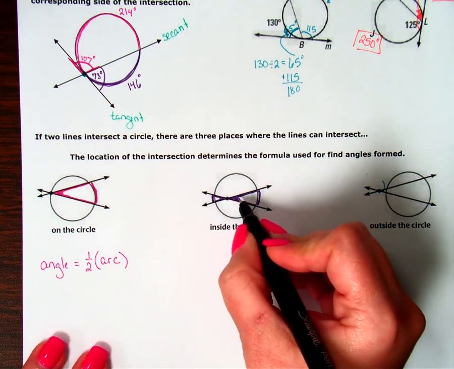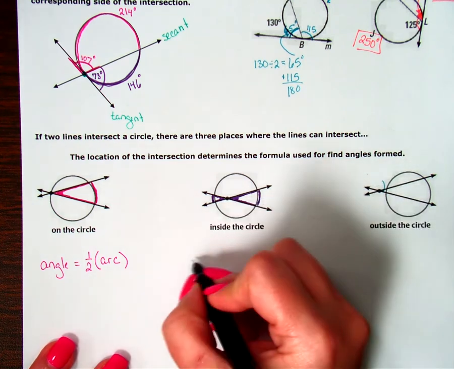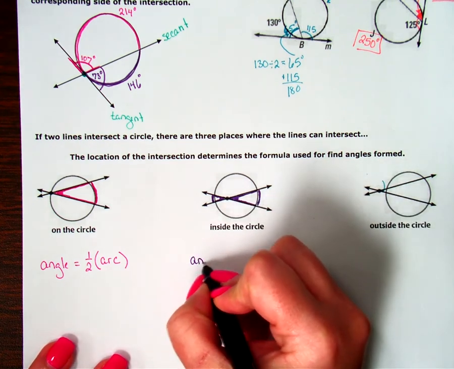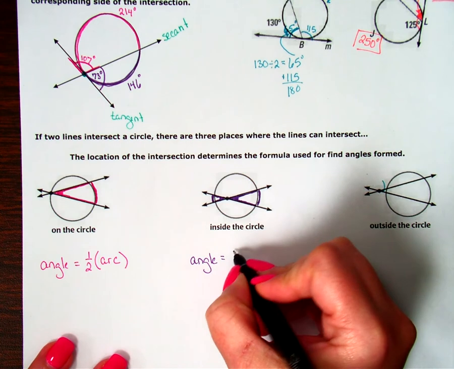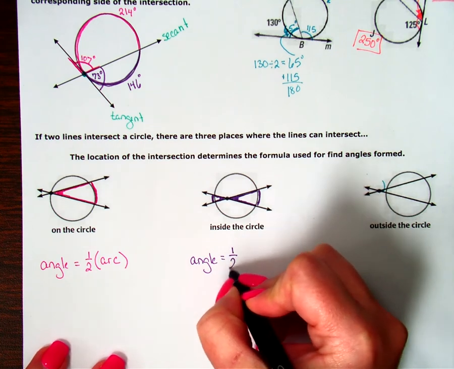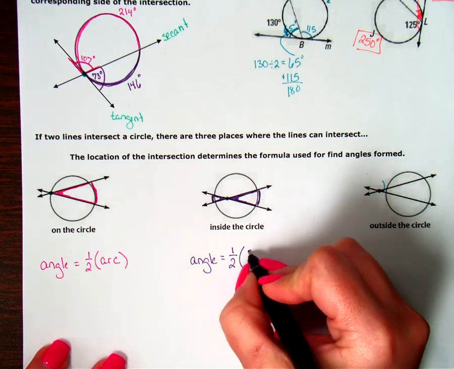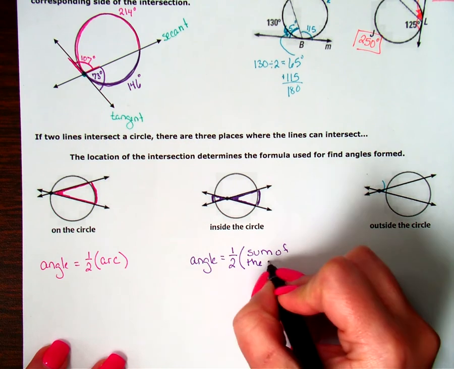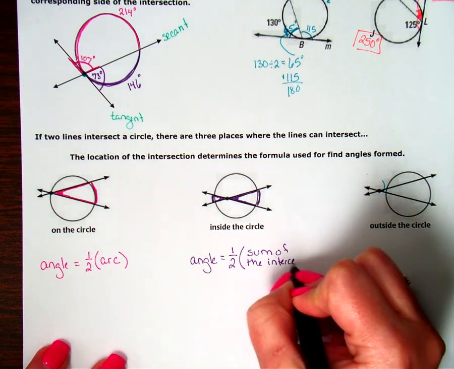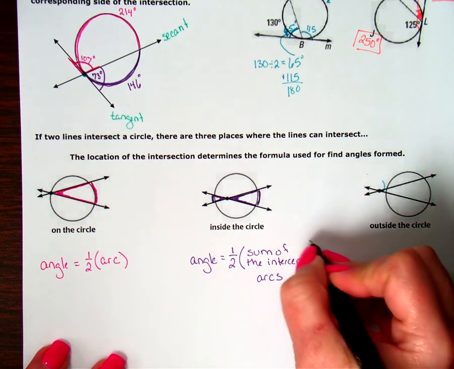So there's two intercepted arcs that go to this measure of an angle. So what we do here when we're inside is we do the angle is the average of those two arcs. And since it's two arcs, it's going to be 1/2, because we're going to divide by 2 because there's two arcs, the sum of the intercepted arcs.